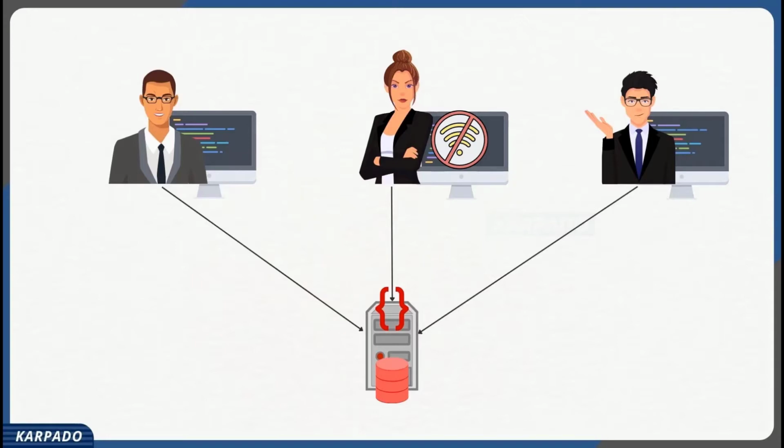Considering all these drawbacks of a centralized version control system, Sundar had to find an alternative, and that's how he came across a distributed version control system. It's basically the best of both worlds of local VCS as well as centralized VCS, eliminating all their drawbacks.